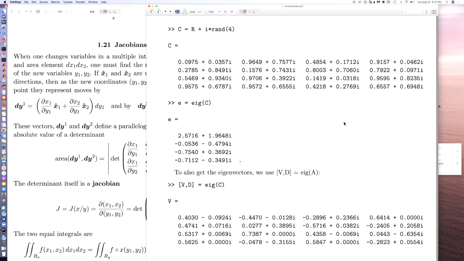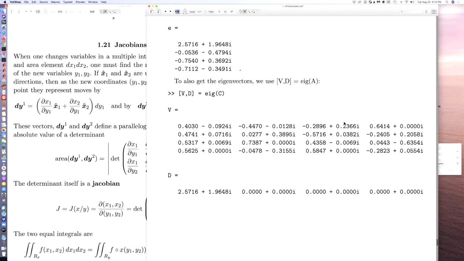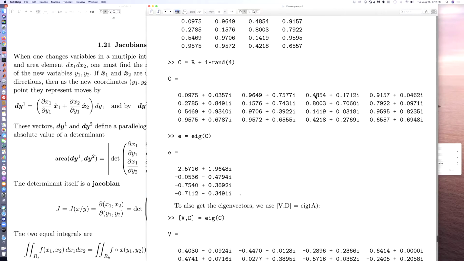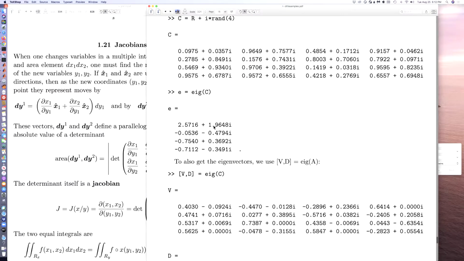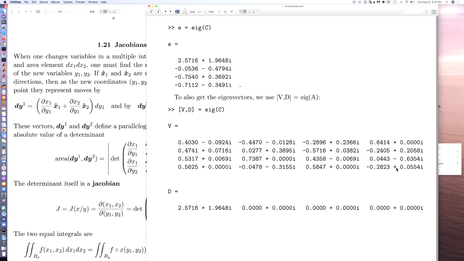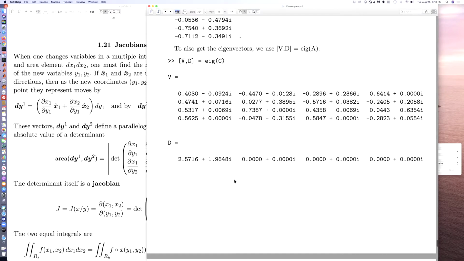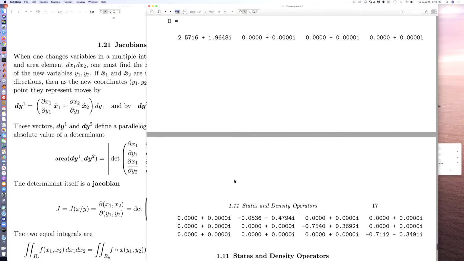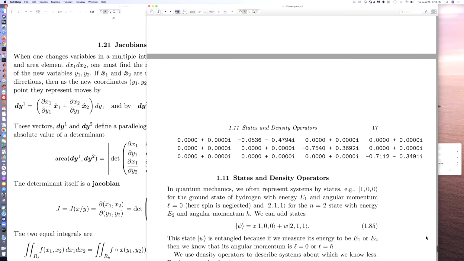Okay. So if we do the 4x4 complex case, E equals eig C, we get the eigenvalues there. If we want the eigenvectors and the eigenvalues, we do VD equals eig C, and there are the eigenvectors, and the eigenvalues are the diagonal elements of this 4x4 matrix.